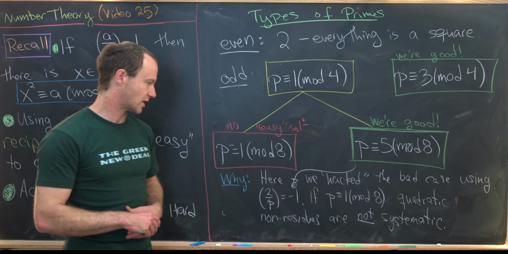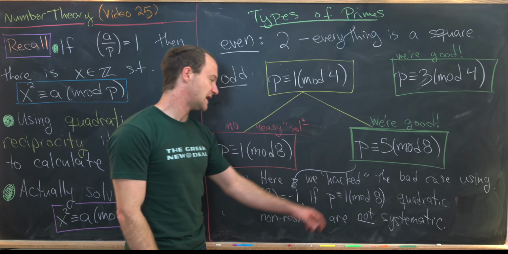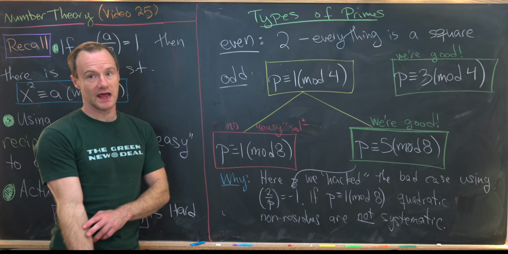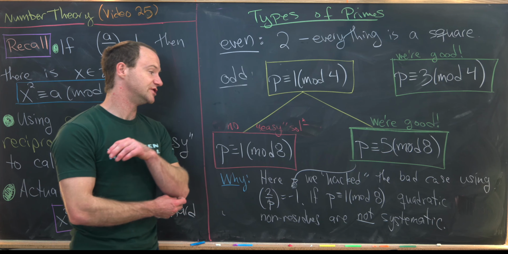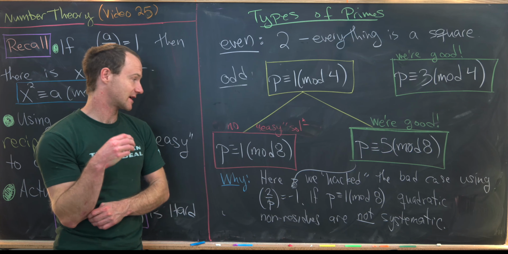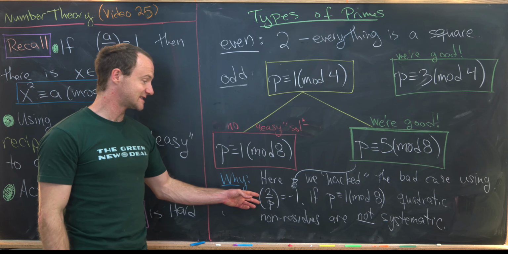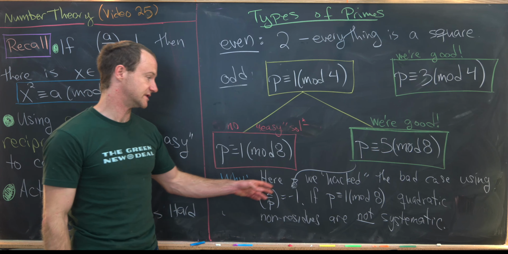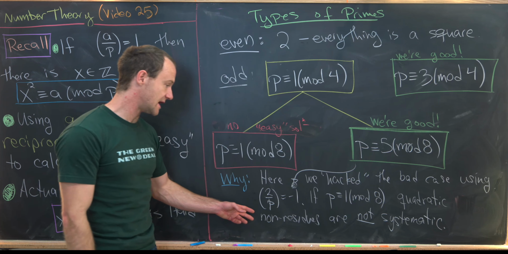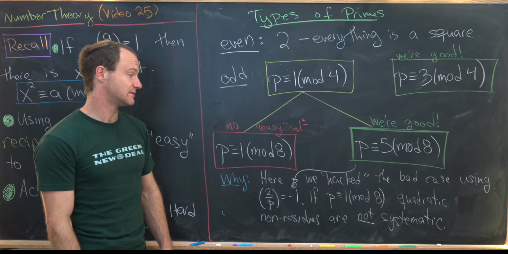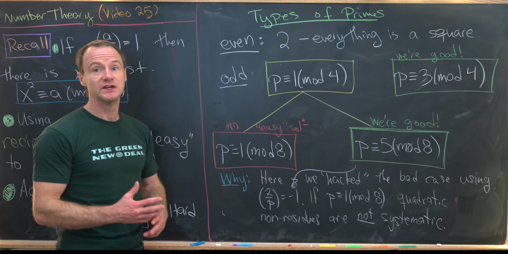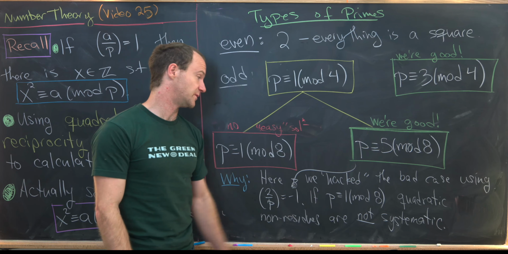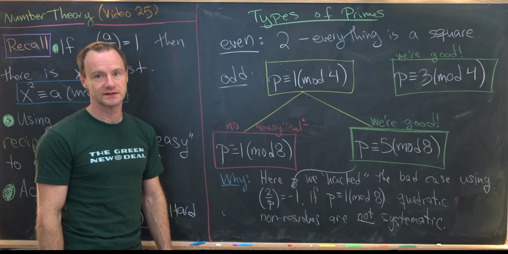Well, the problem occurs because if p is congruent to 1 mod 8, quadratic non-residues are not systematic. So this is systematically a quadratic non-residue if p is congruent to 5 mod 8, but there's no real systematic quadratic non-residue to use as a tool if p is congruent to 1 mod 8.